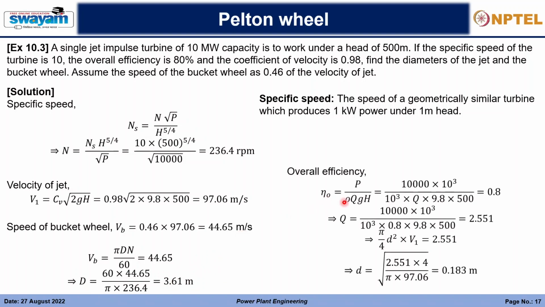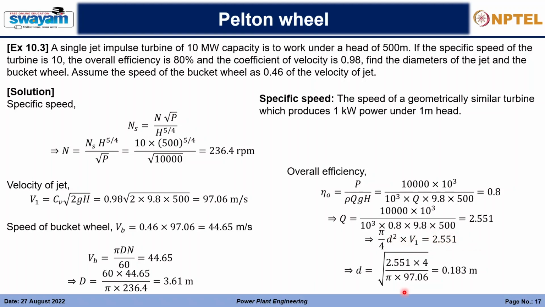Then the overall efficiency, we need to calculate the jet diameter. From overall efficiency we know all the parameters except the rate of discharge. So the rate of discharge we can calculate from here, and we know that it is equal to pi by 4 d square, the area of the jet, into the velocity of the exiting jet.